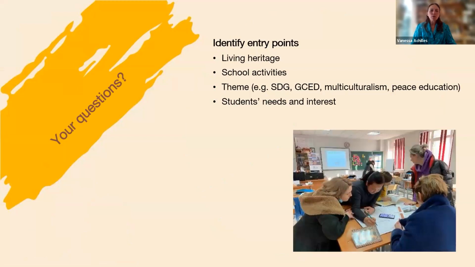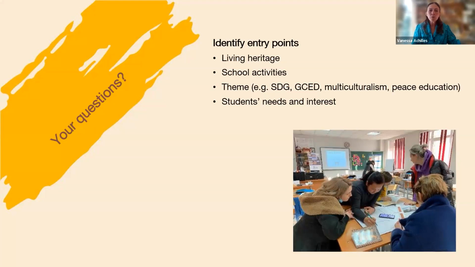And for that, there are various entry points. You can start with your list of living heritage. You can start with the program of your subject, your curriculum activities, or the list of clubs that exist in your school. You can also start with a theme.